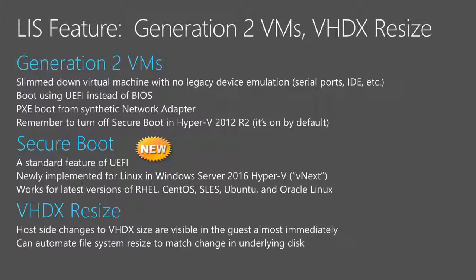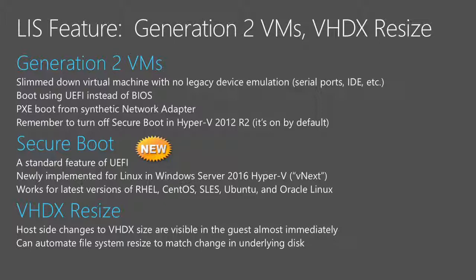So that's what the next line is. In the 2016 version of Hyper-V, this is one of the new features where we do have secure boot support for Linux VMs. So the Linux distro vendors have gotten their shim bootloaders signed with the right certificate that is now trusted by Hyper-V in the 2016 release, and this allows us to do secure boot with the latest versions of those distros.